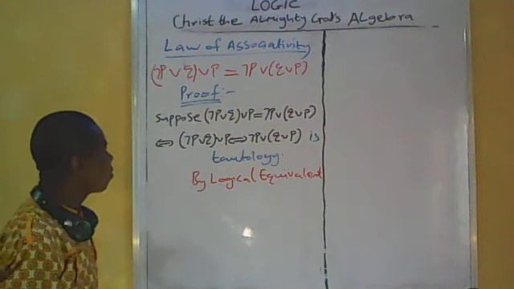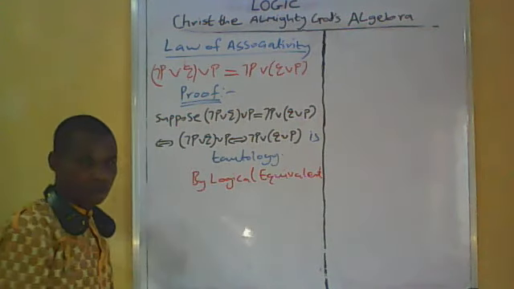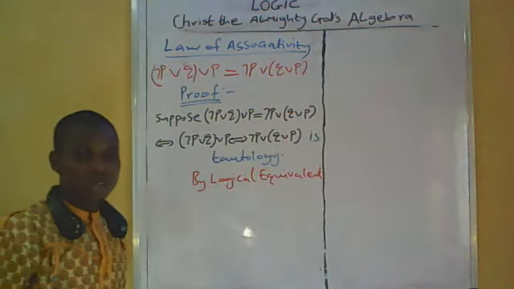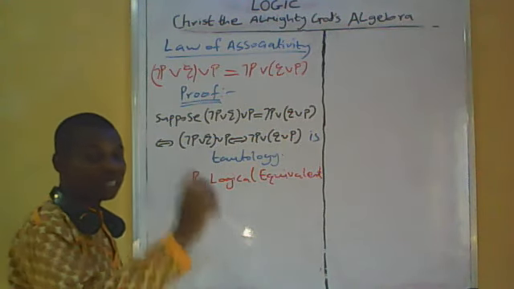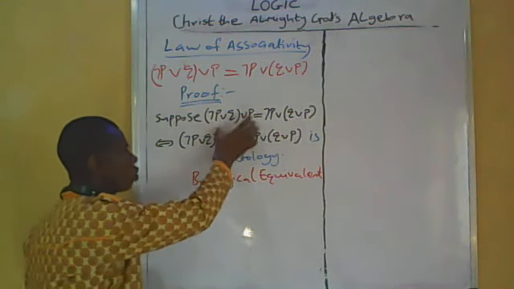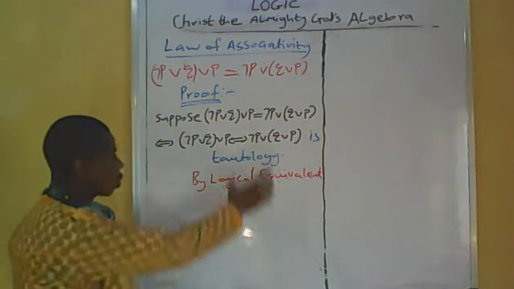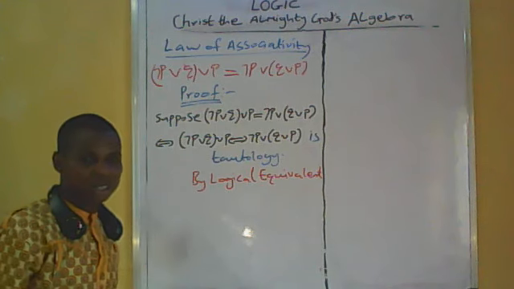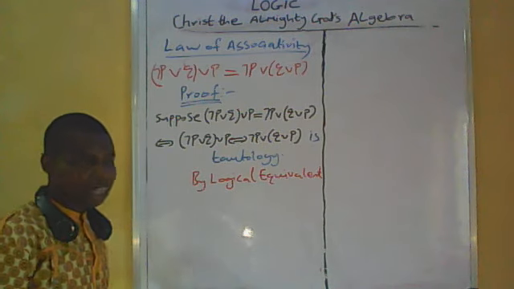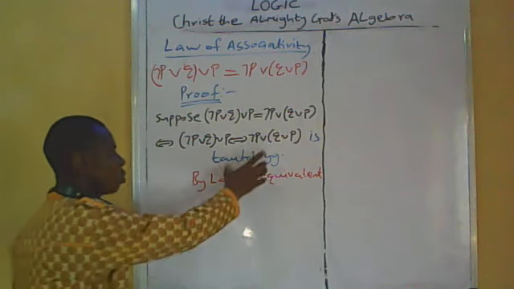Reason is that whenever the value of the right hand side of the equation is false, also the value of the left hand side is also false. Whenever the value of the right hand side of the equation is truth, also the value of the left hand side of the equation is also truth. So in this case, we brought it to biconditional statement, that is equivalent to tautology. That means when we evaluate these two sides of the equation, it will give us what we call tautology.